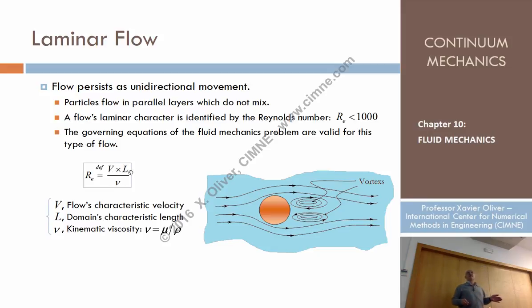When this number is small, the smaller it is, the more laminar the motion tends to be. So for small velocities, this number is small, whenever there is some viscosity.